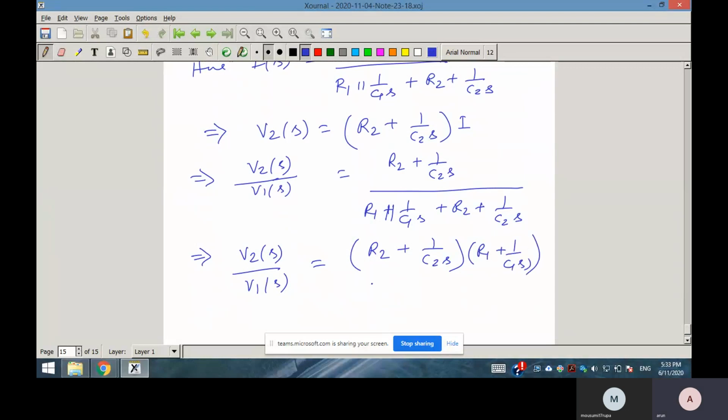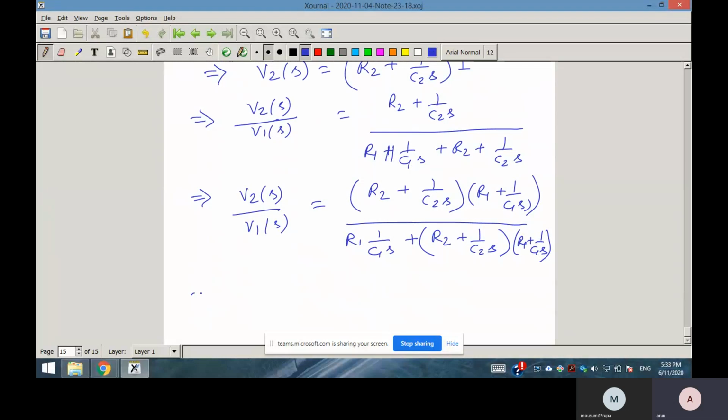Please check it. Divided by R1 into 1 by C1s plus R2 plus 1 by C2s into R1 plus 1 by C1s.